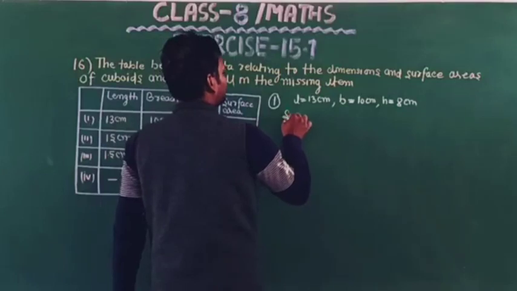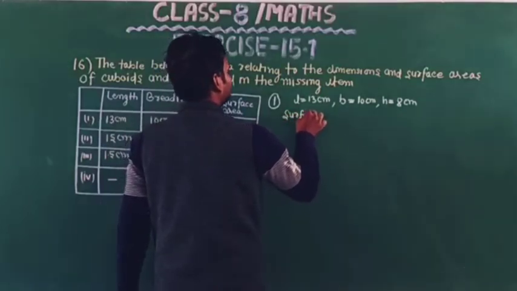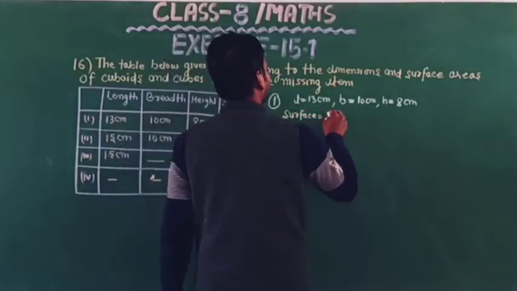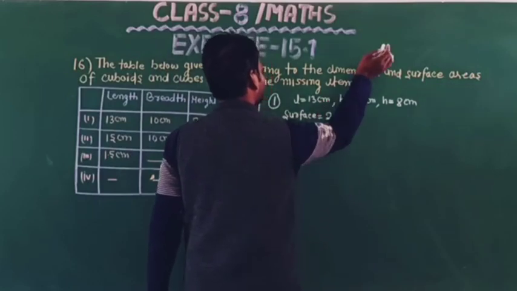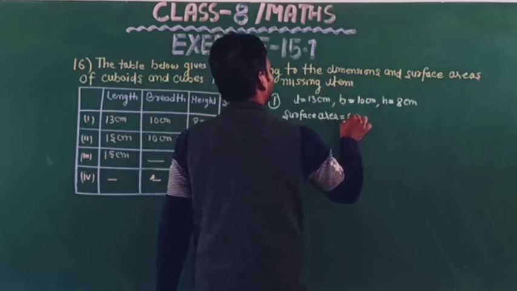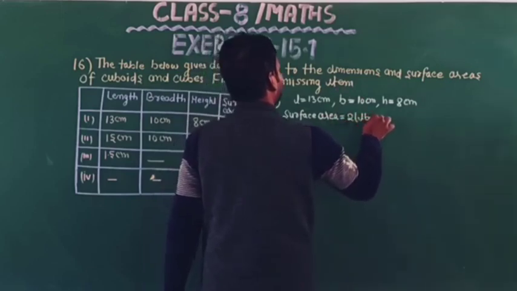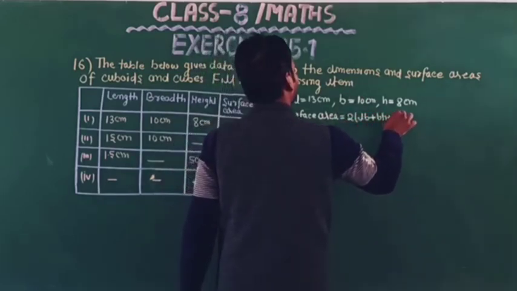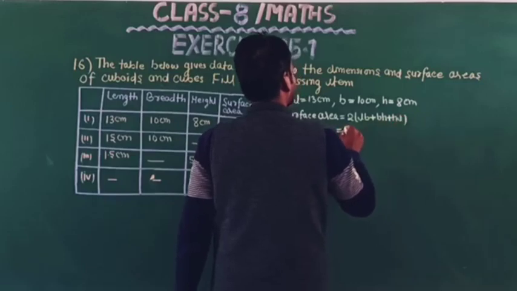The surface area of a cuboid is equal to 2(LB + BH + HL).